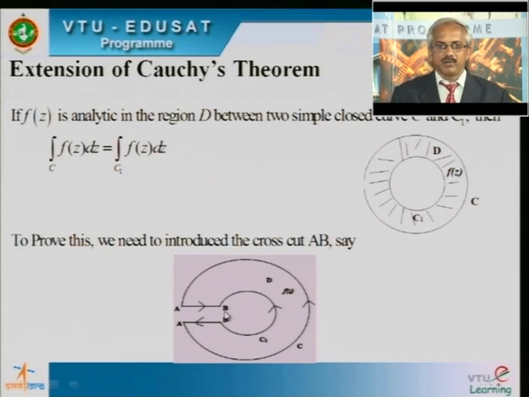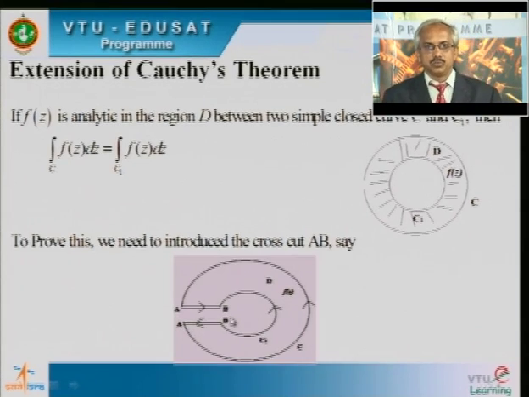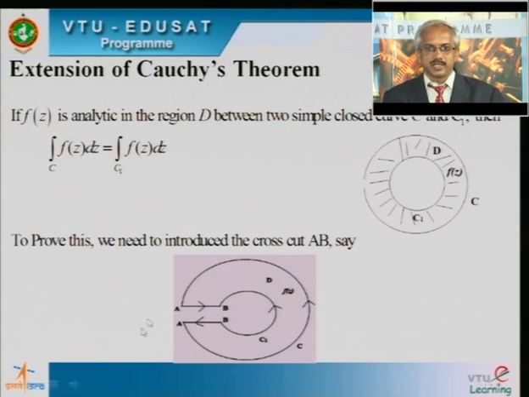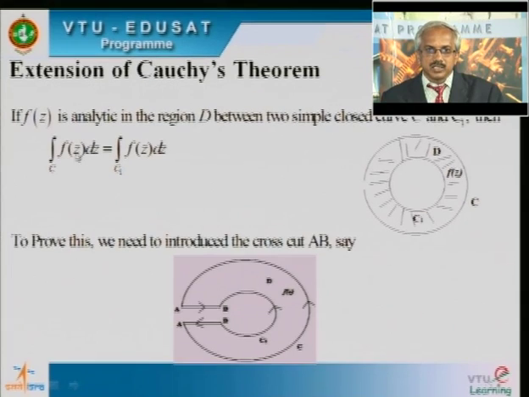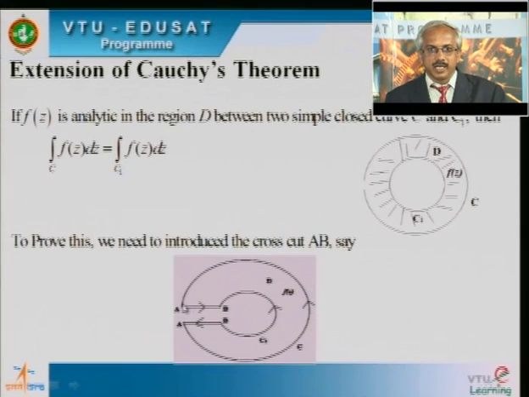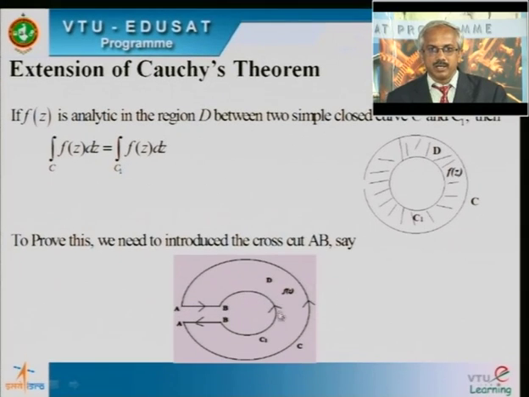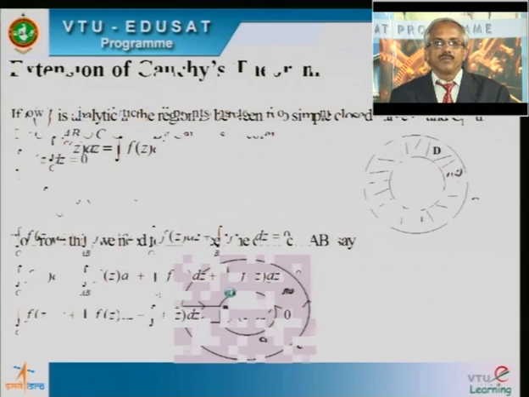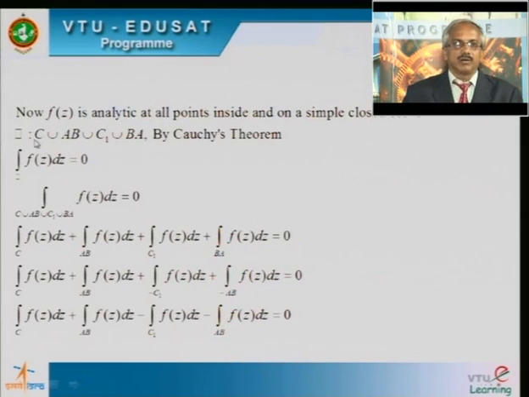One cut gives two sides, and here I have taken this complex function f of z, which is analytic in this region as well as on the curve C, on the line AB, on the curve C1, and on this BA. So therefore I can obtain this here.